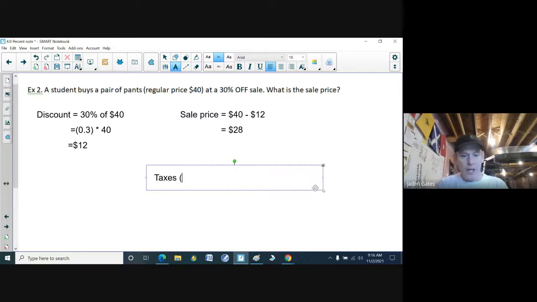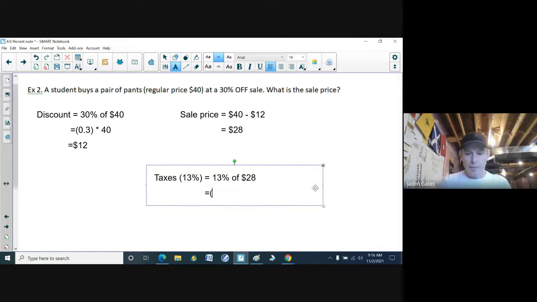Now, we could also find the final price because taxes, not sure if you know this, are 13%. If I wanted to find the taxes on this pair of pants, I would look at 13% of our sale price, which is $28. Again, I have to convert my percent to a decimal. I divide 13 by 100, and I get 0.13.